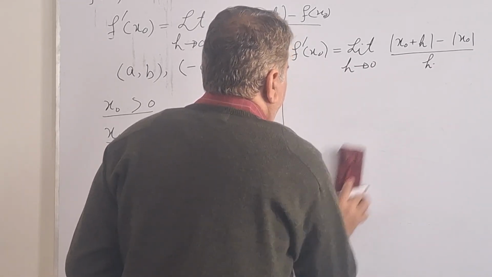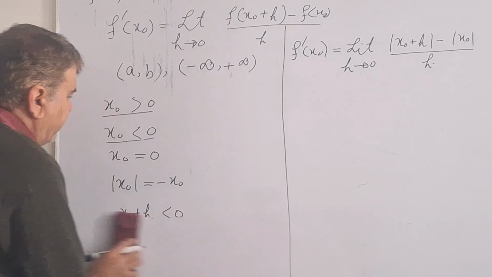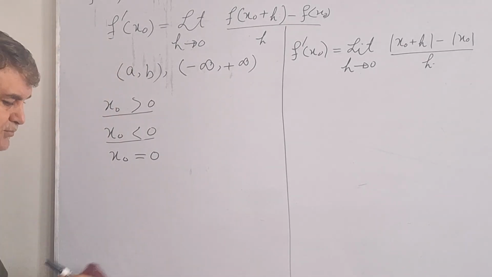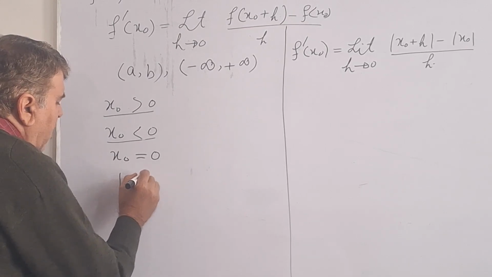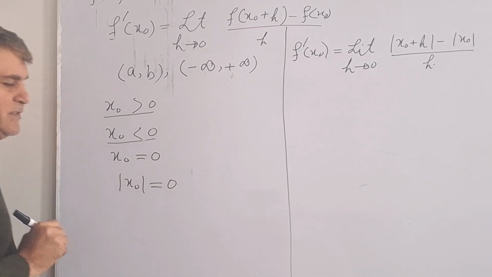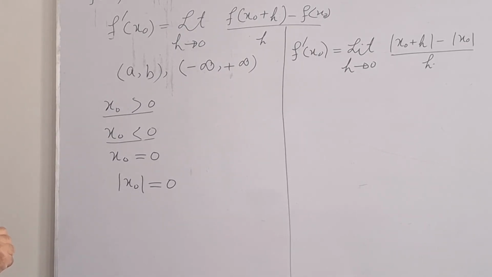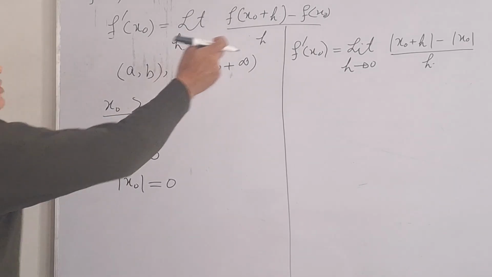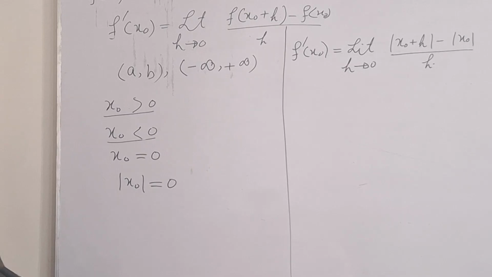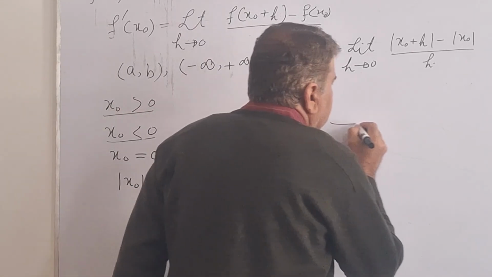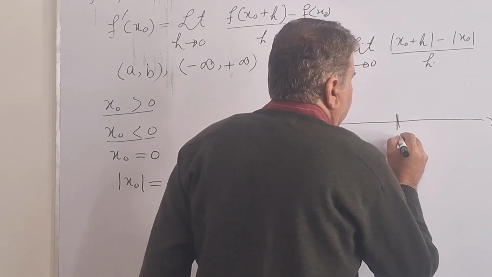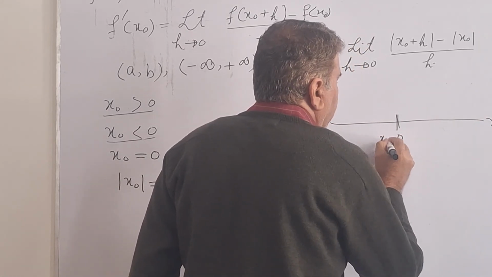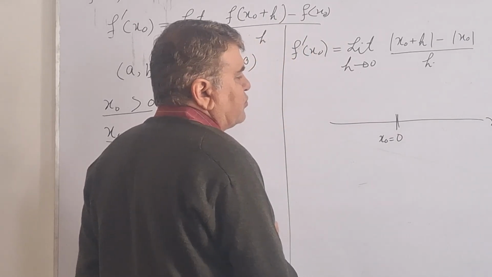And for that case, I would have the conditions. When x naught is equal to 0, then x naught mod is also equal to 0. That's all right. But for h, I have two different options. For example, this is the real line, and x naught equal to 0 happens over here.